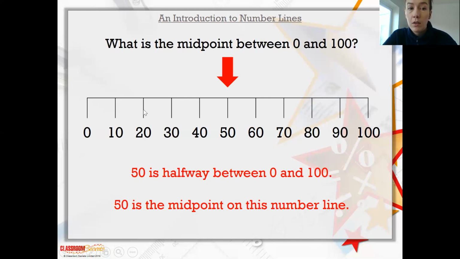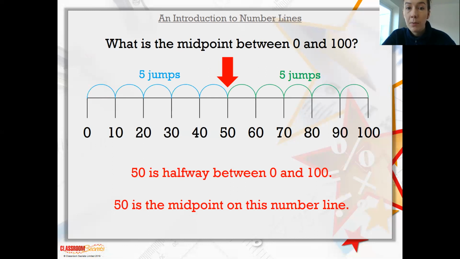So you've got 1, 2, 3, 4, 5. And then from this side, 1, 2, 3, 4, 5. So 50 is the halfway between 0 and 100. 50 is the midpoint, so the middle point on this number line. And there we go, we've got 5 jumps between each of those, everybody.